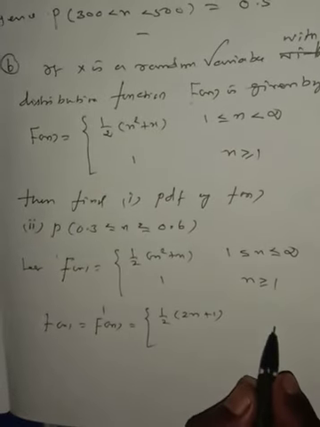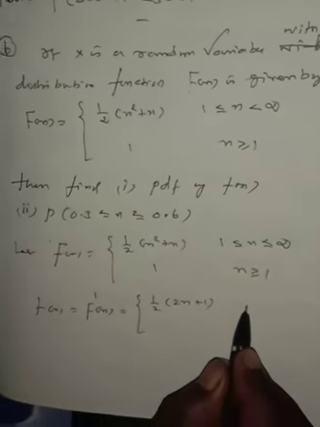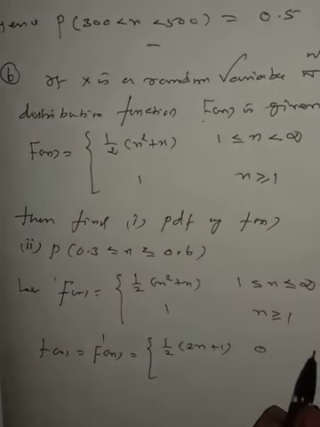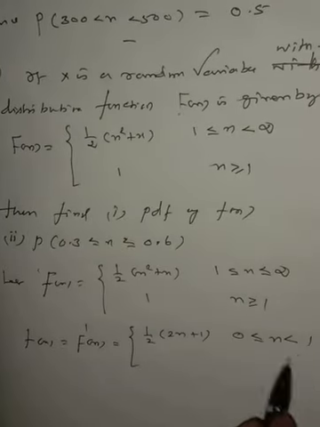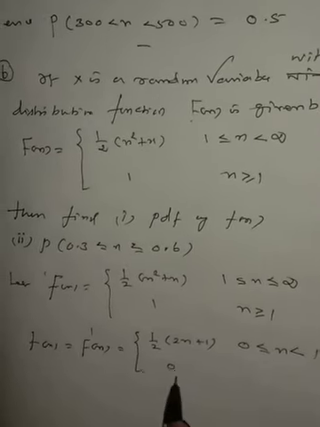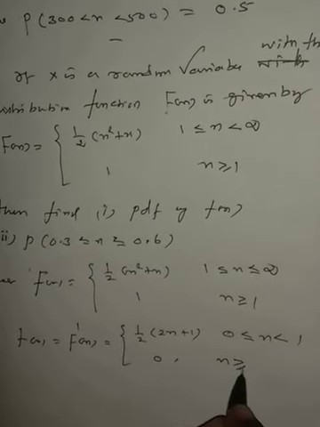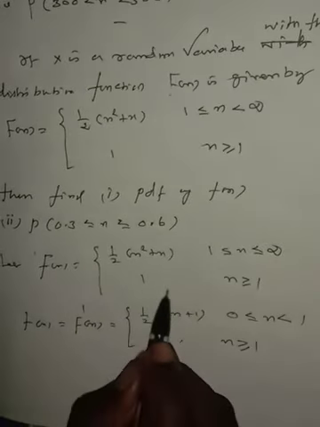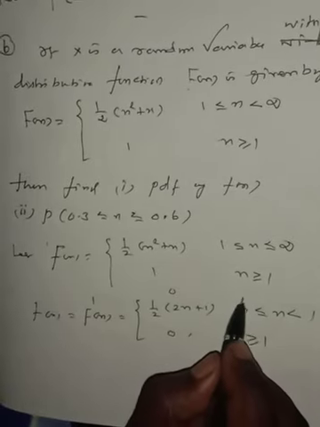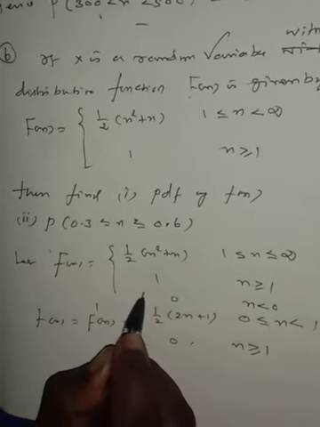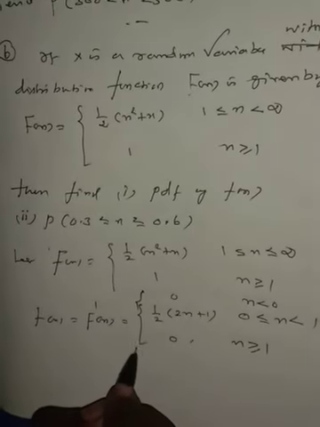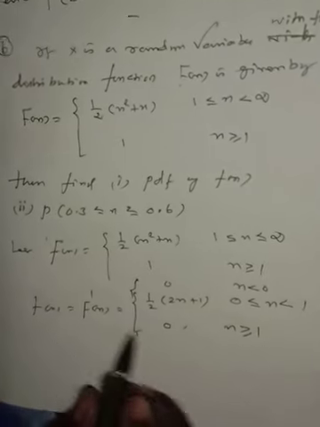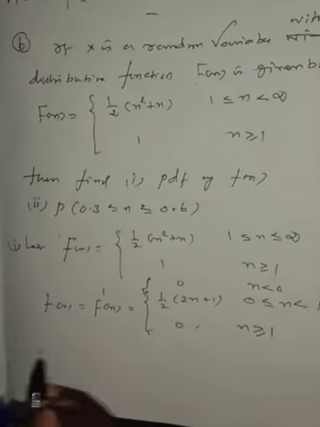The limit is 0 less than or equal to x less than 1, and 0 if x is greater than or equal to 1. Suppose if x is less than 0, then 0. There are 3 possibilities. Now the PDF is over. Subdivision number 1 is over.